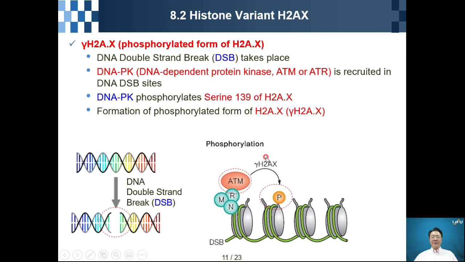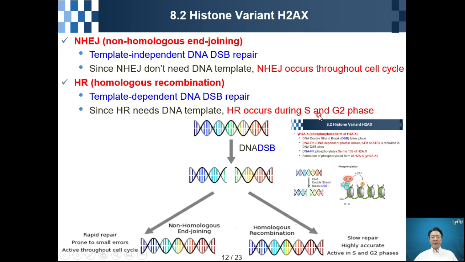It's like this. So that will make the phosphorylated form of H2AX, which we call gamma H2AX.